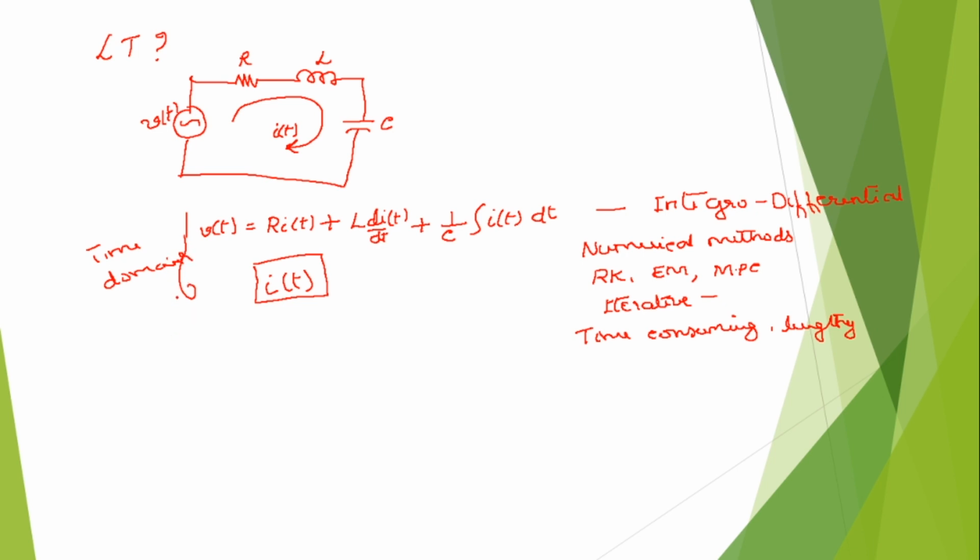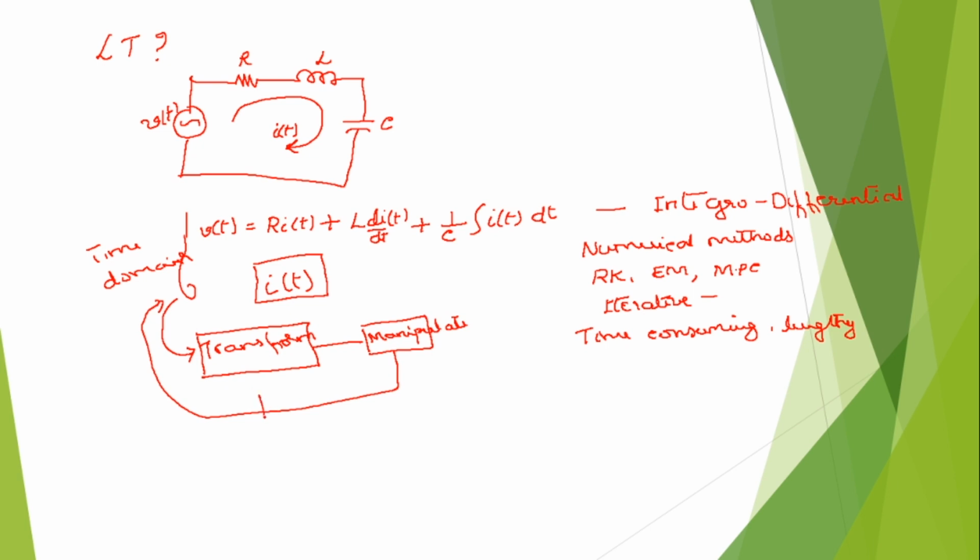So if we transform the system equation into some other platform and manipulate in that particular platform, manipulate meaning some operation to find I of t, then bring it back, that is the inverse transform, from this transform platform back to the time domain.